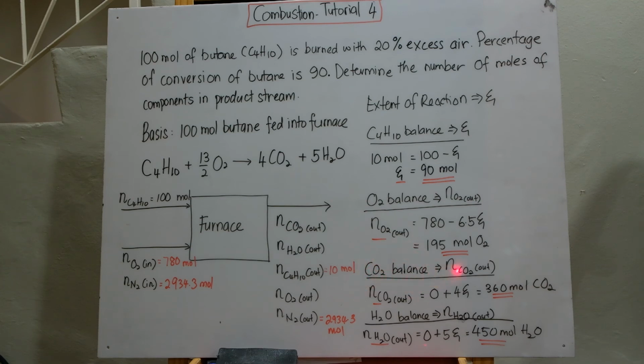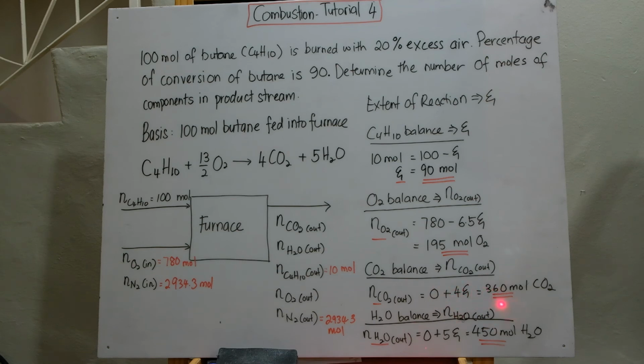Using the CO2 balance, I'll obtain the CO2 that goes out from the furnace, the CO2 that is actually produced from the combustion. CO2 out equals 0, because no CO2 comes in the feed line, it is only produced, plus 4 times the extent of reaction.